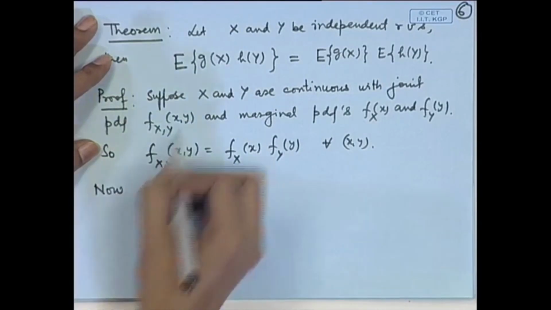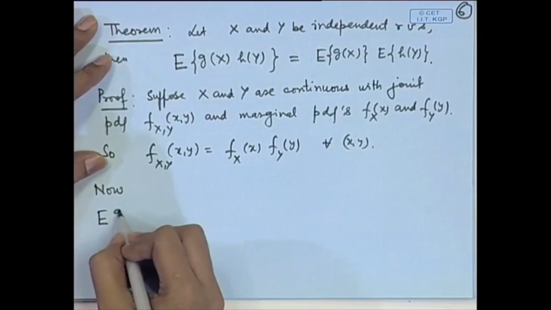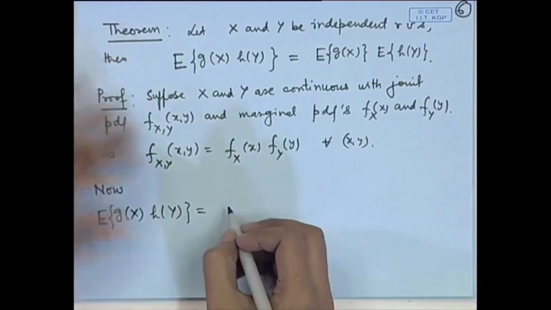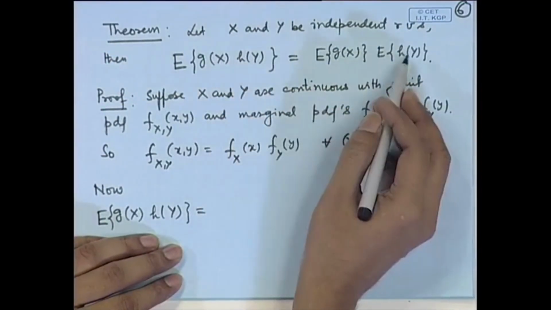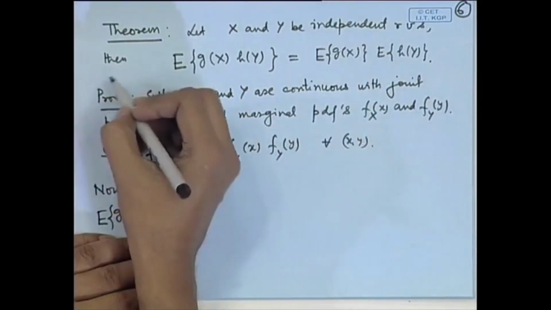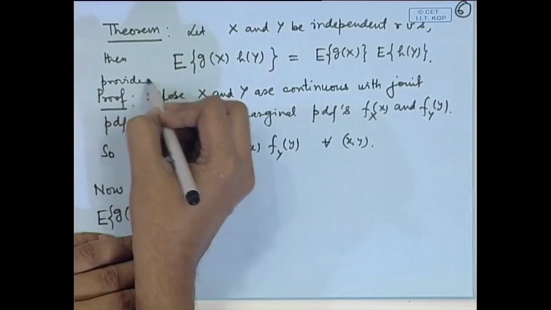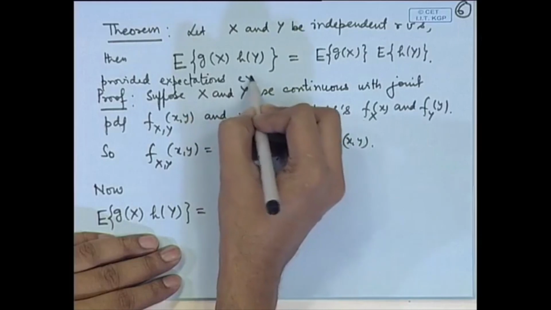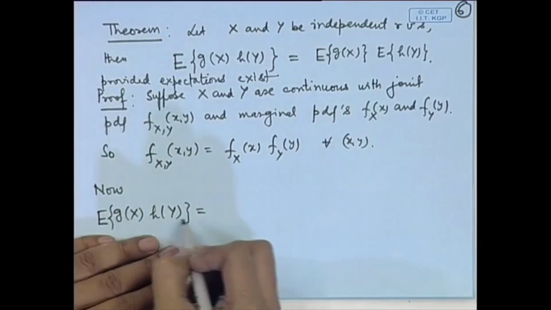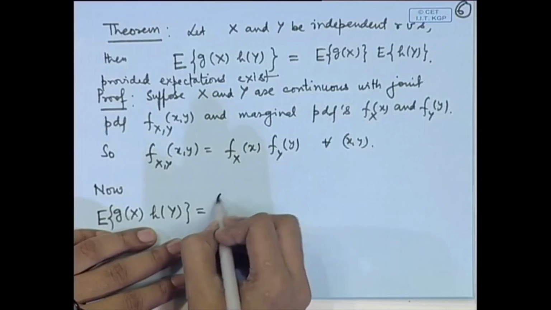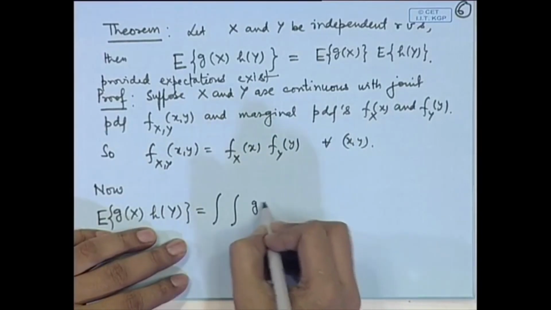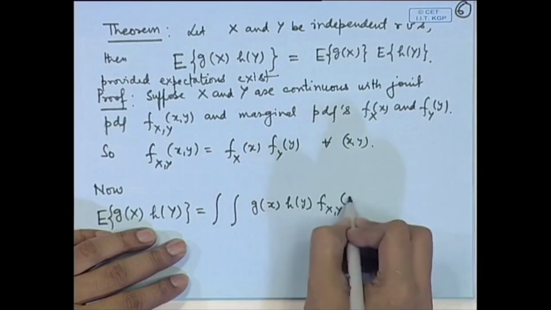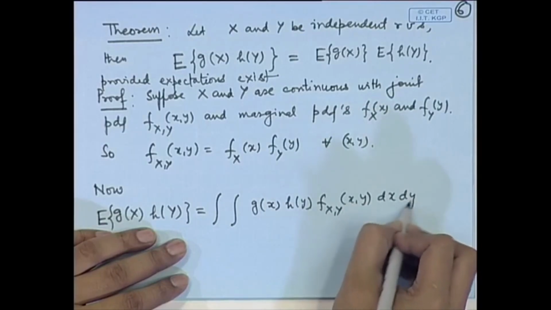So, now consider expectation of g x into h y. Of course, these statements are valid provided these expectations exist. So, by definition of the expectation, it is equal to the double integral of g x into h y f x y (x, y) dx dy or dy dx.